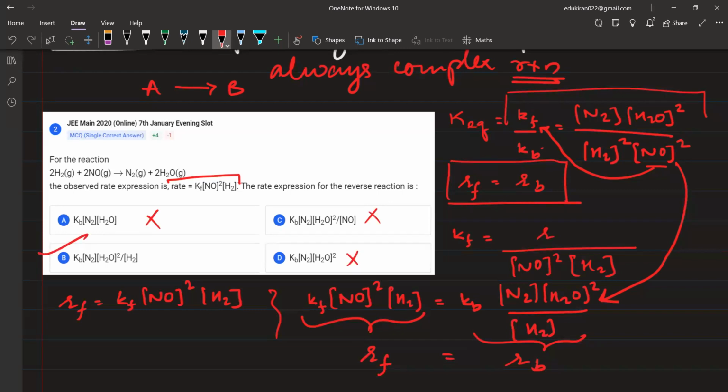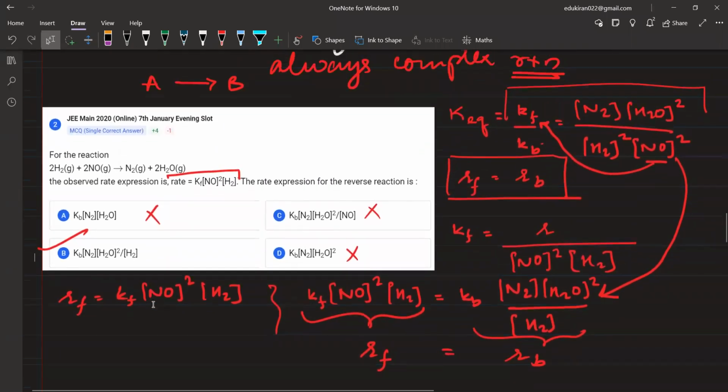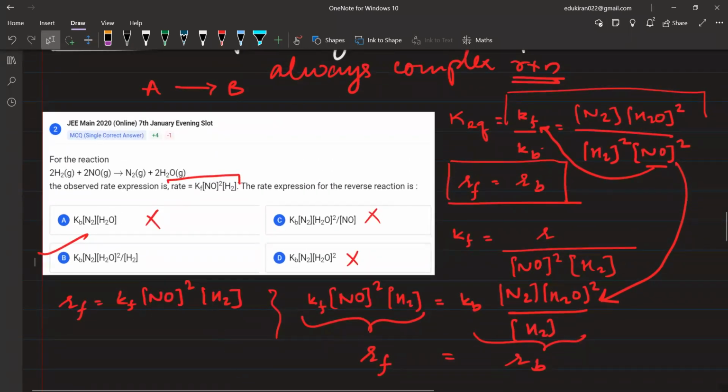Upon H2 कहाँ पे? हाँ, B is correct. Please write this down. Done, sir.